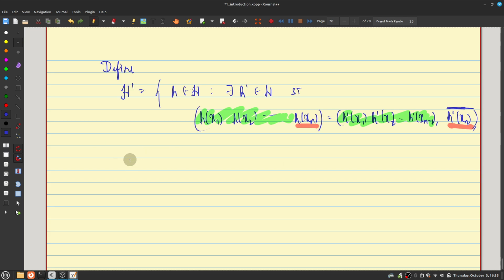So now suppose that h prime shatters some, we call this x double prime, which is a subset of the first n elements.